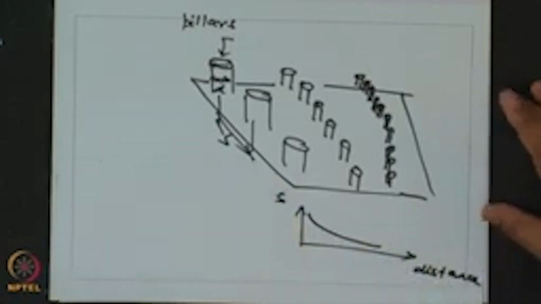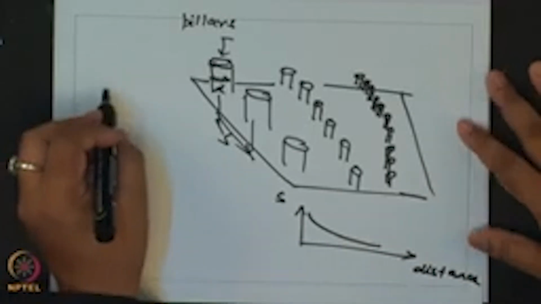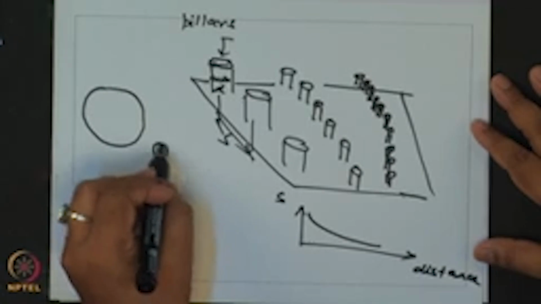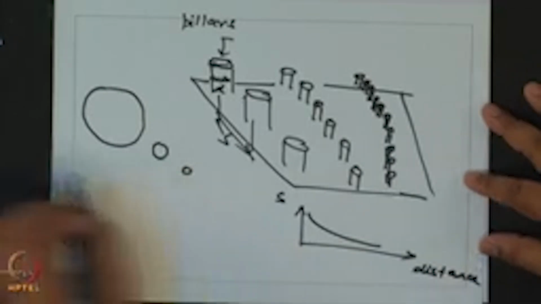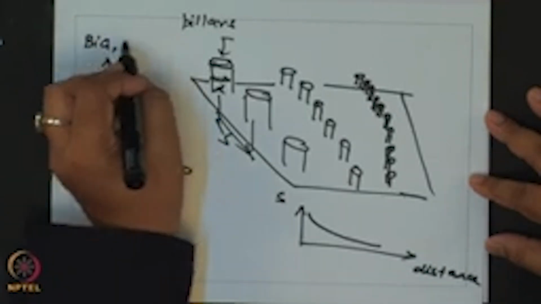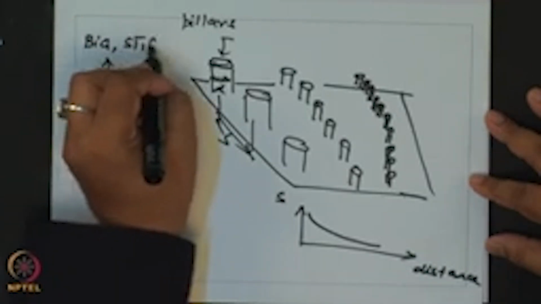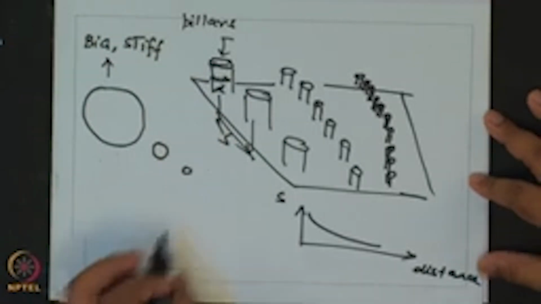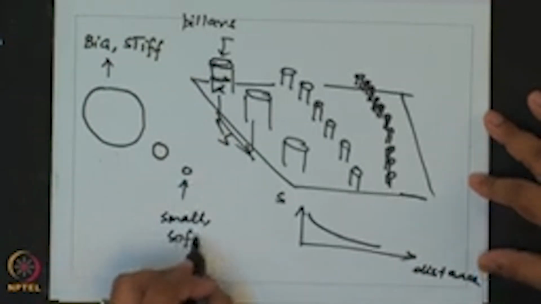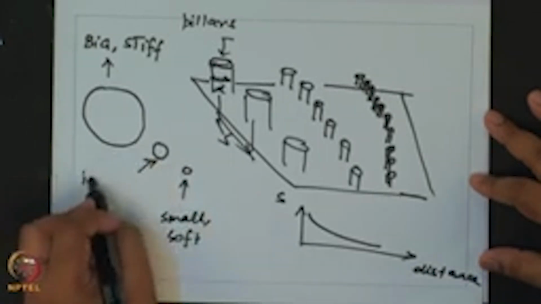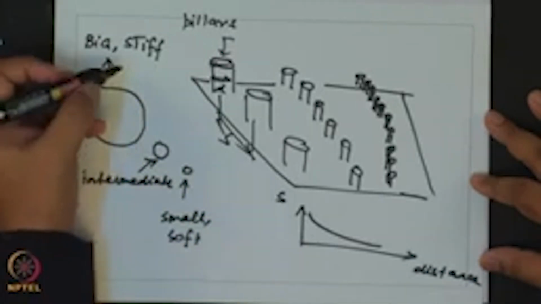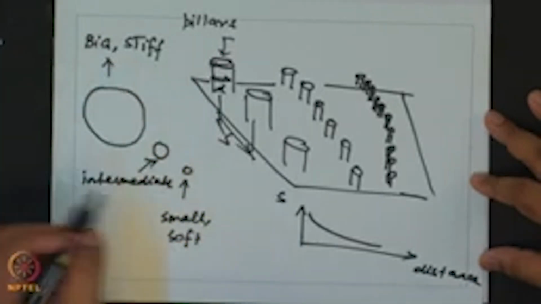If you have two big populations of cells, one is big and stiff, which means not much deformable, and another is small and soft, and you have another population intermediate both in terms of size and stiffness.